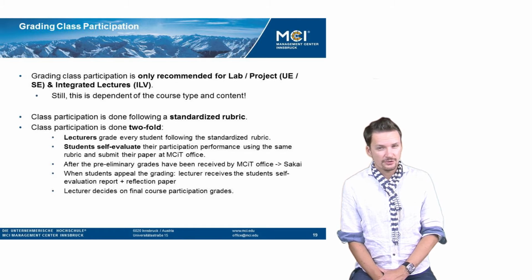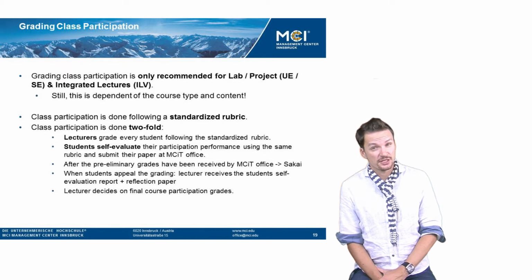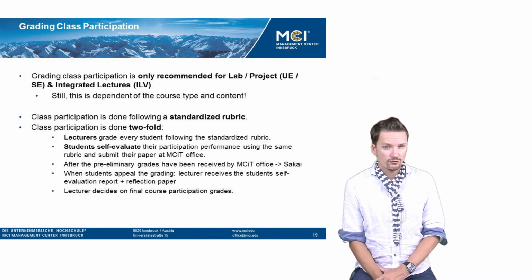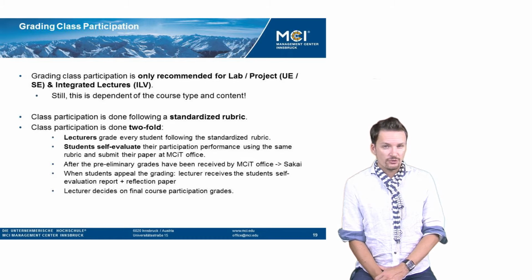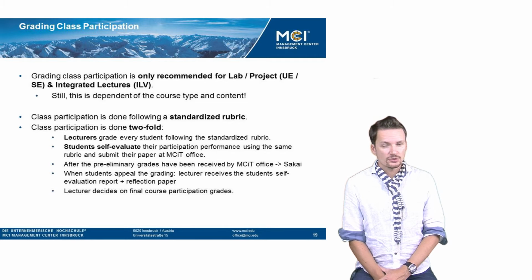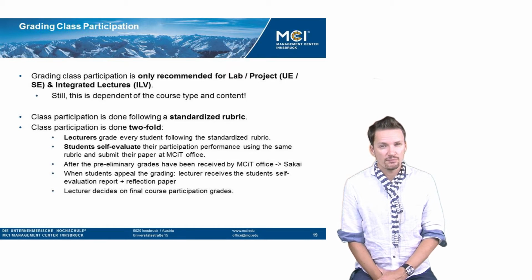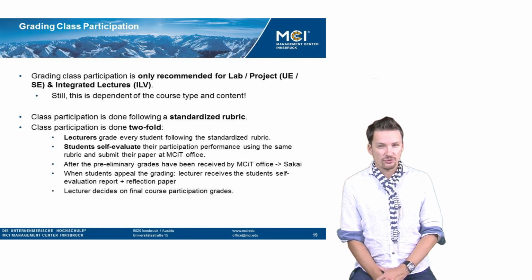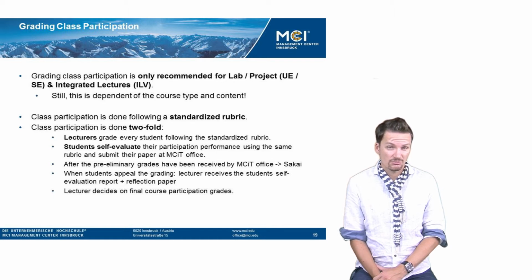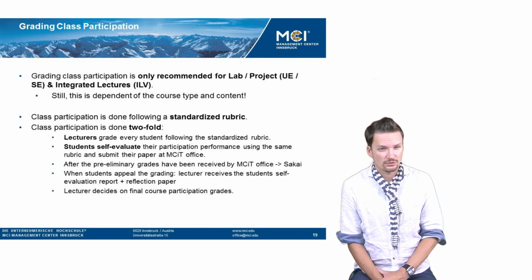The lecturer and the students will submit their examination or self-examination to the MCIT office after 5 days. And when the results are published, students have the chance to appeal against their grade if they feel that this is not fair or they did a better job according to their self-evaluation.